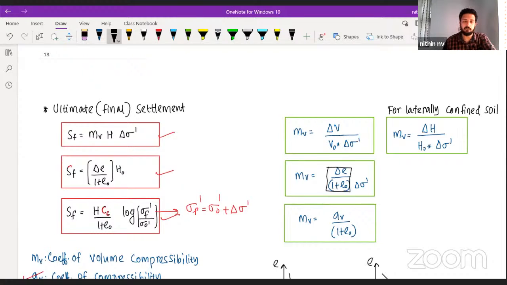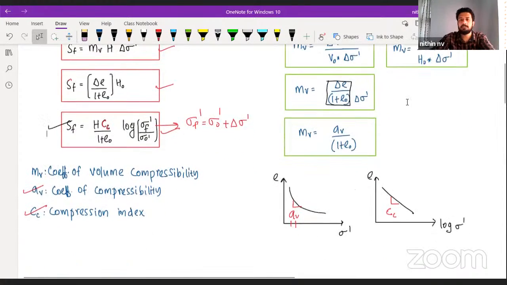Tell me, yes, very good. The third equation we are going to use. Do we have all the things? H value we have, the thickness of the layer. e naught, the initial void ratio, is also given. Anything else given? Cc value is not given, right? If Cc value is not given, what to do?